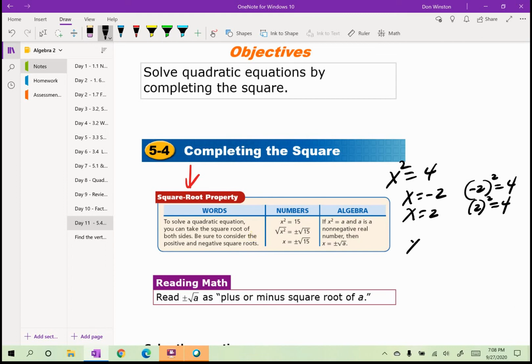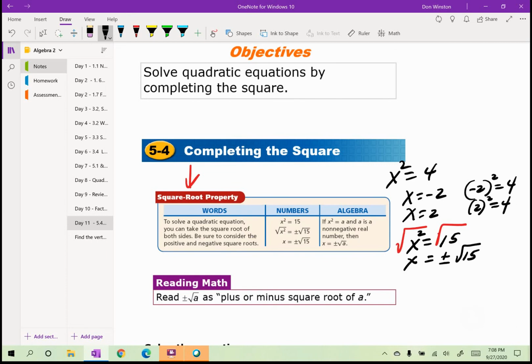Here they said that x squared is equal to 15. So we undo squaring, which is taking the square root. We take the square root of both sides, but we have to remember to write our plus and minus because we have two possibilities: a positive root 15 and a negative root 15.